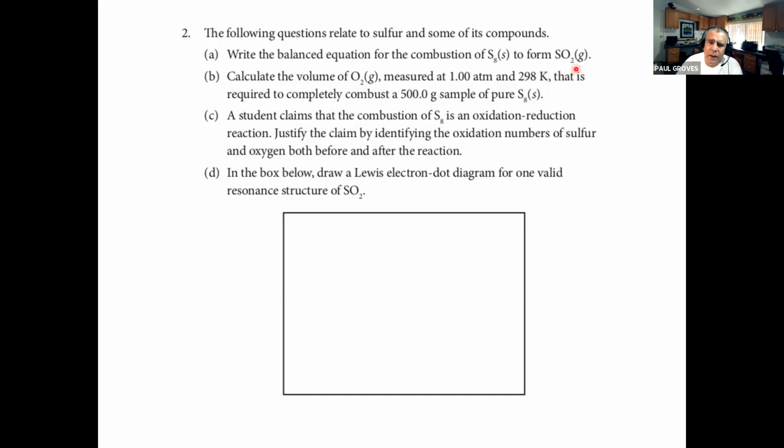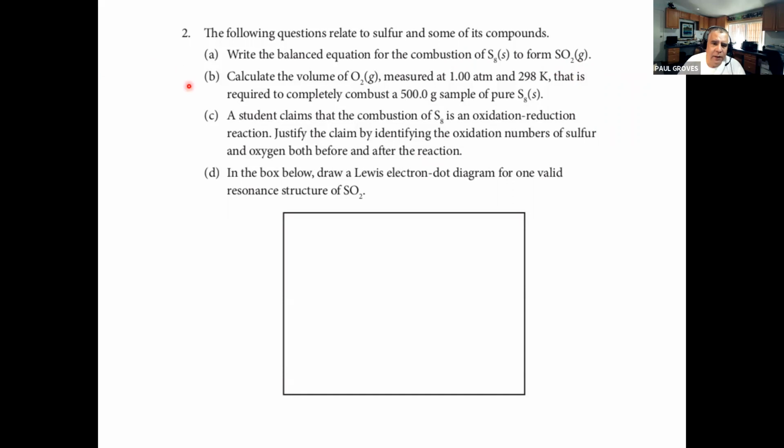And what happens in here is as they write their balanced equation, they don't usually have to worry about these solids and gases and aqueous. They don't usually look at them. And the other thing is if they get it wrong, they usually don't take any points off for that. So they're just looking at the S8, combustion, so plus oxygen turns into SO2. That's what we're going to look for.